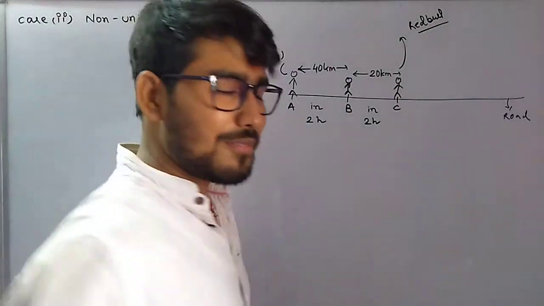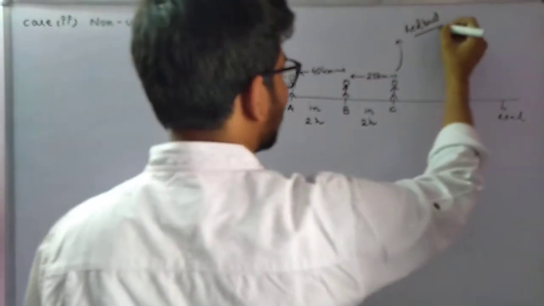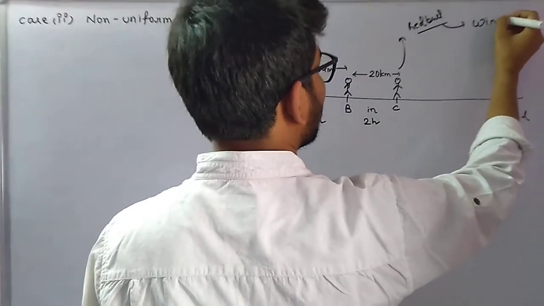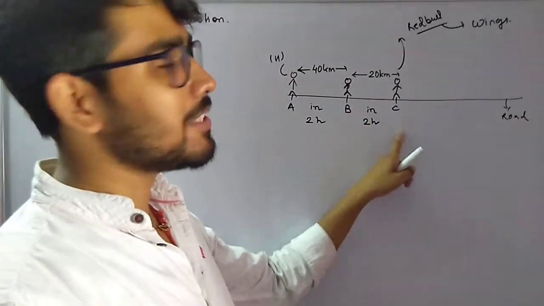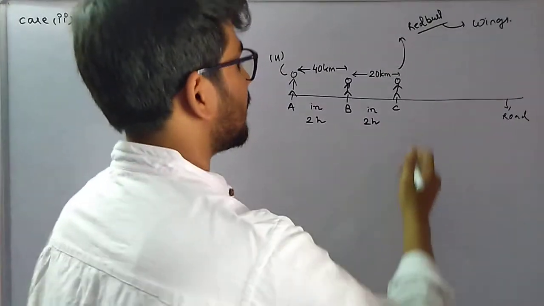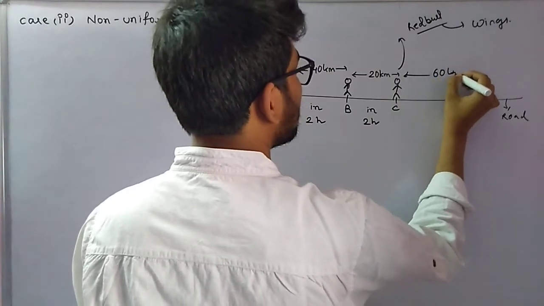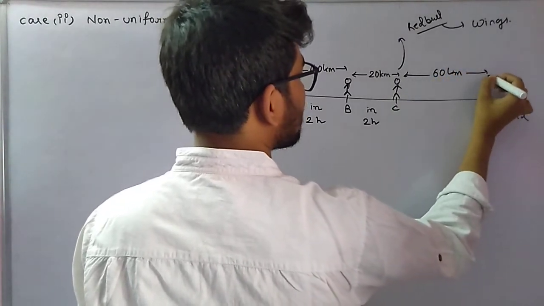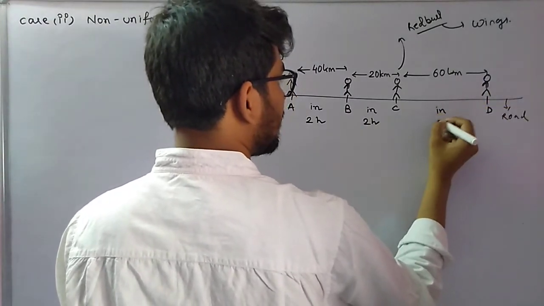Now we all know what Red Bull does to us. It gives us wings. Now this person starts running and he covers a distance of 60 km in the next 2 hours, and this is a point D.